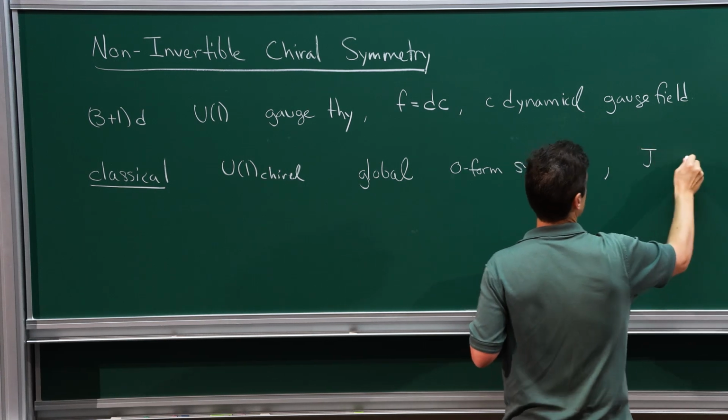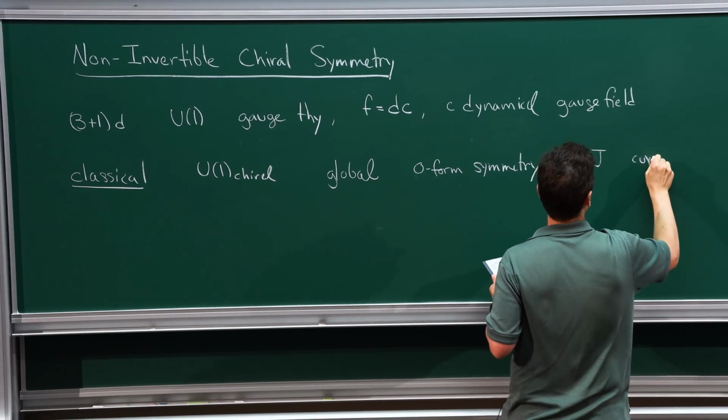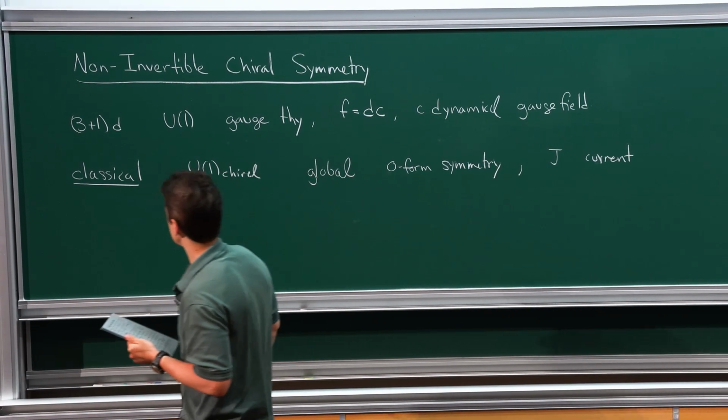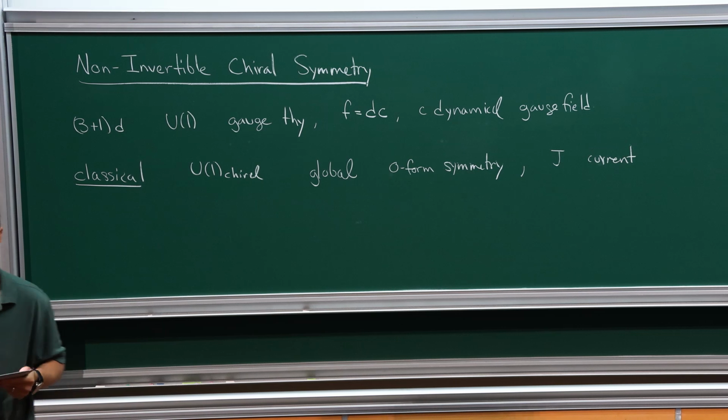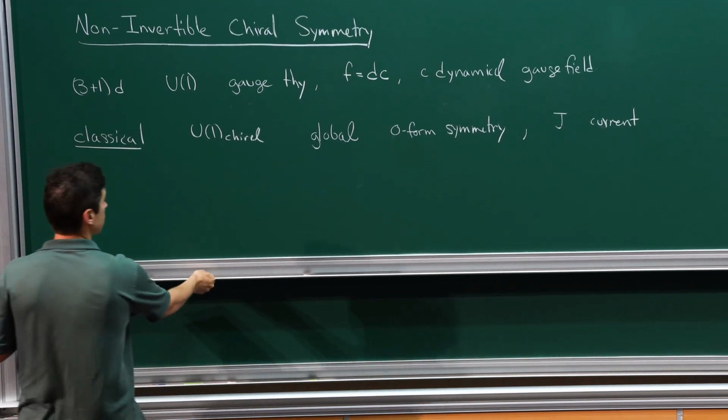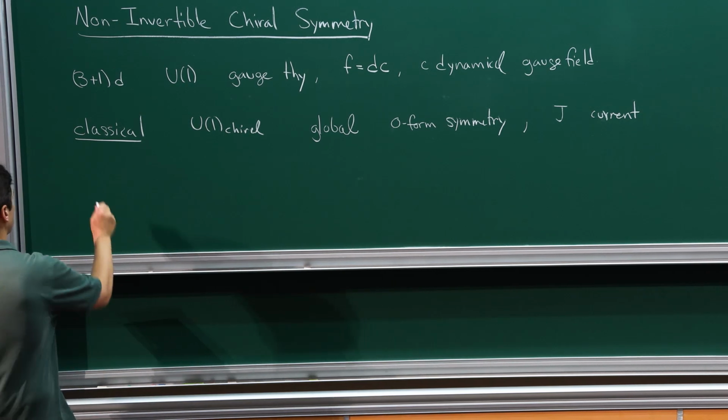J will be the current. So classically, d star J is 0. It's a conserved current. That's why we're talking about it. But generally, J is not conserved at the quantum level.